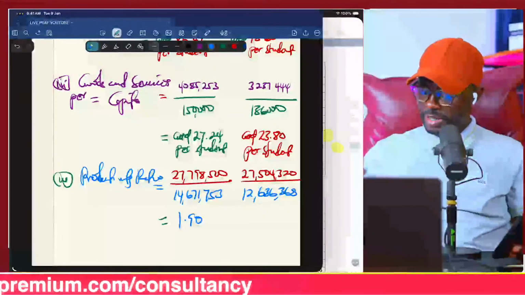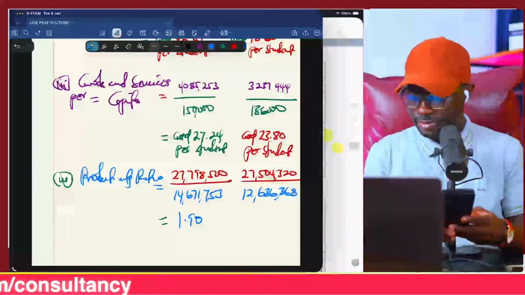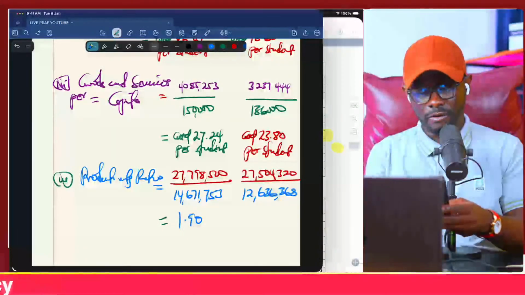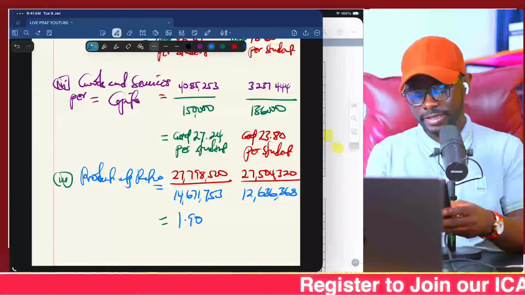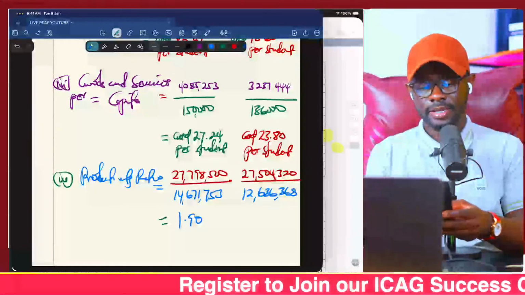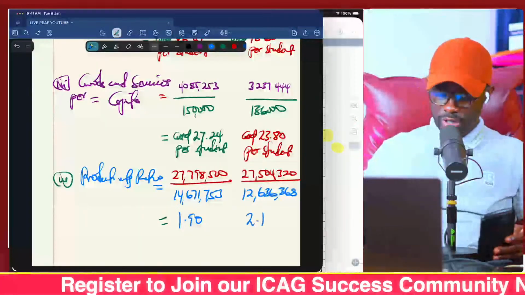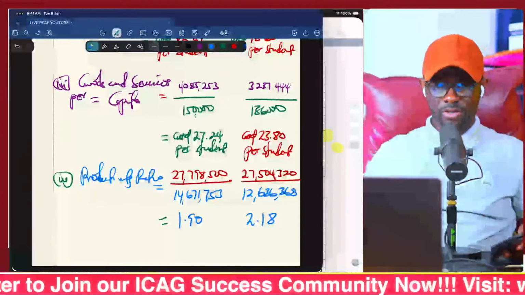And then for Bolgatanga, 27,504,320 divided by 12,636,368. And that is 2.18 possibly.